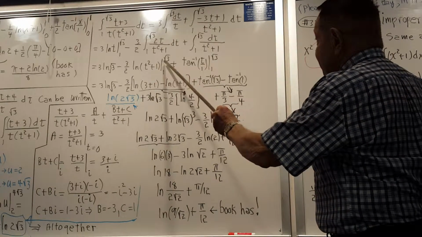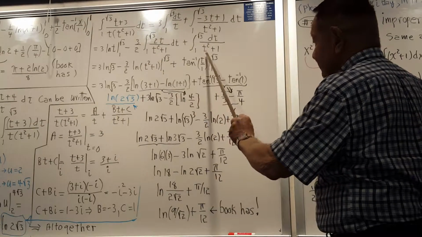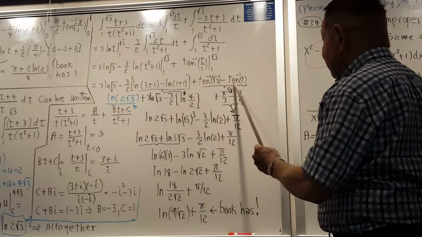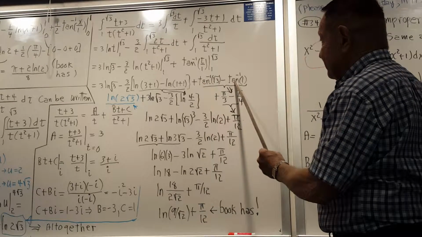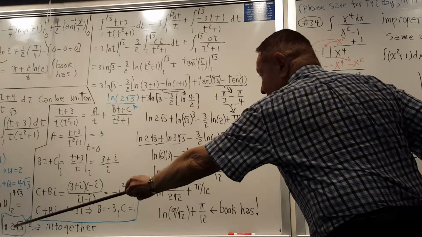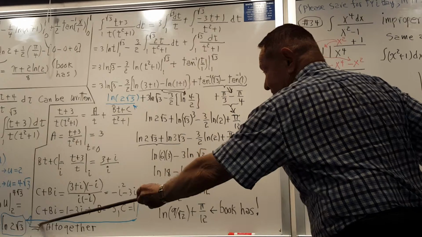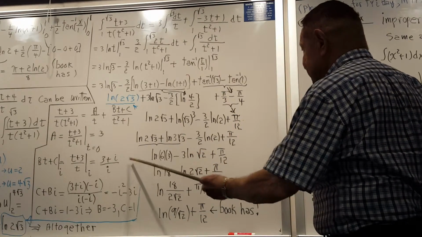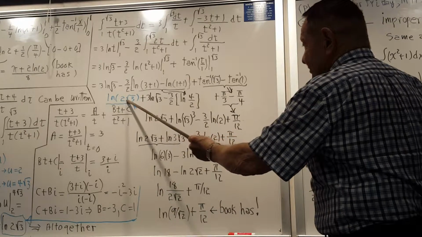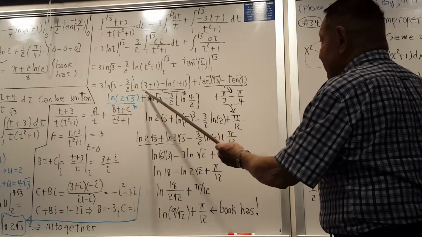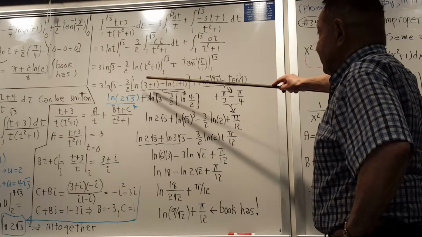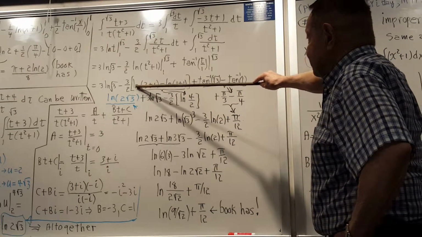So then it's a question of putting in these limits, which is messy, but I think this is what you'll get. And remember that we did part of the problem separately, so that's why the blue pen goes here, finally up here. So we have the log 2 root 3 from the first part, and then this part.